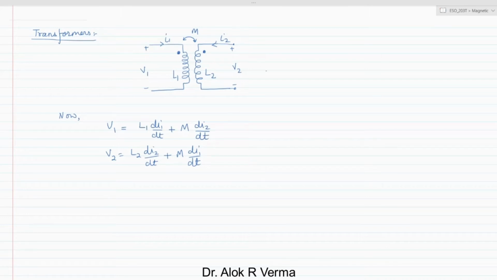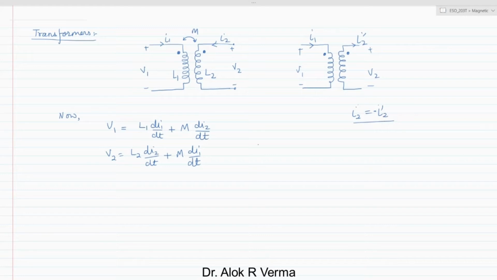Now in case of transformers, the current is assumed differently, so I'll just quickly redraw. So this is I1 and this is I2. This is how the transformer currents are drawn, or the reference is taken. Here this I2 can be written as I2 prime. So I2 is nothing but negative of I2 prime.